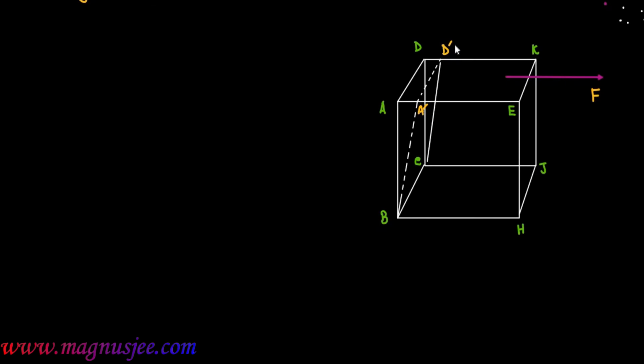The side AB will move to the position B A prime. That means the face ABCD will be displaced to the position A prime BC B prime.